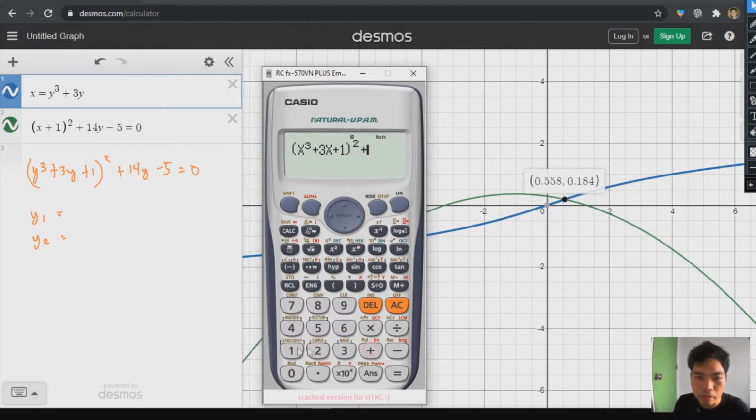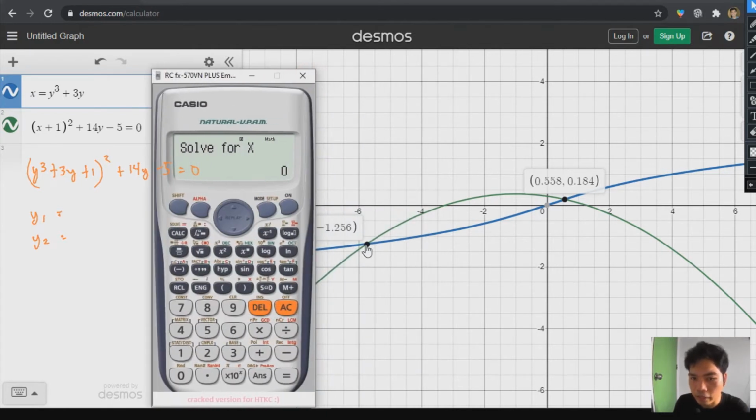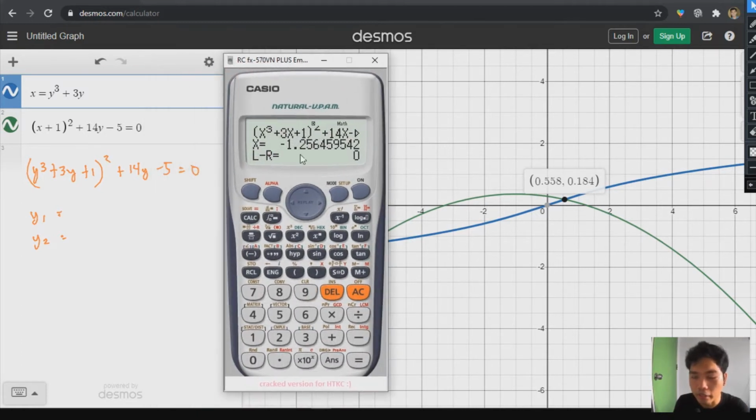Okay, and then plus 14y and minus 5 is equal to 0. Now you press shift solve, and we need a value close to negative 1.256, so I'll just write negative 1. Okay, it yielded negative 1.256.